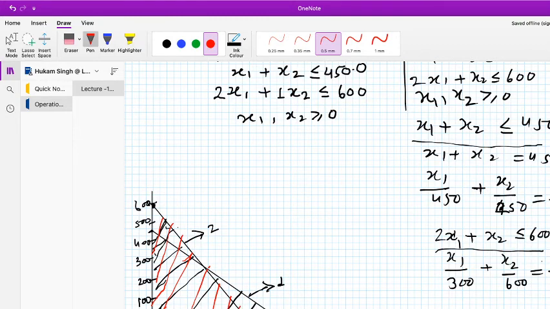According to the LPP, we have to pick the points that satisfy constraint number 1 as well as constraint number 2. So we have to find the common region. The common region of these 2 constraints is going to be this thing.